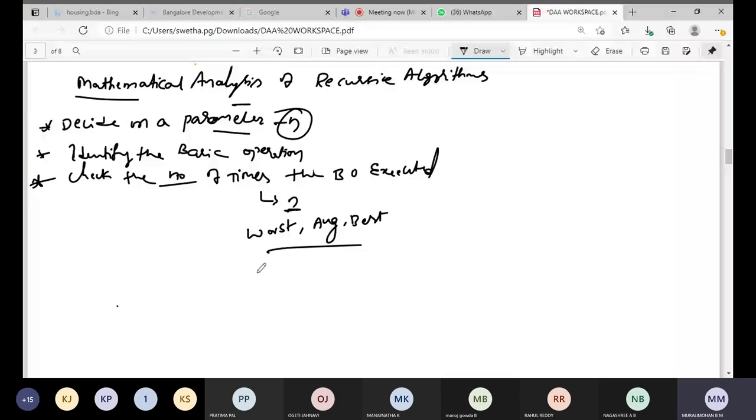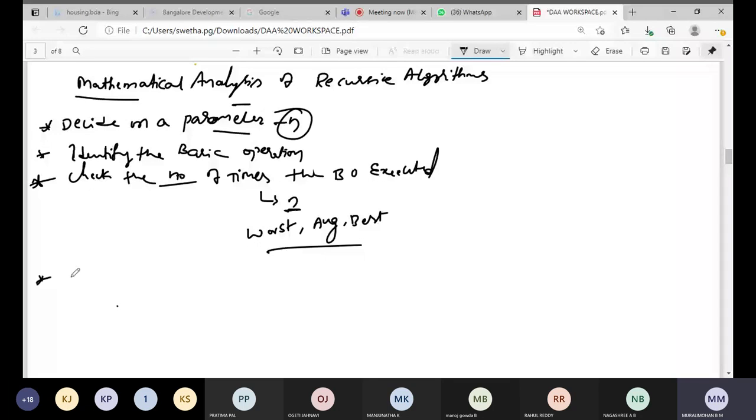So the third point says: check the number of times the basic operation is executed, and if that varies depending on the size of the input, then we should analyze the worst case, average case, and the best case separately. Is it clear?